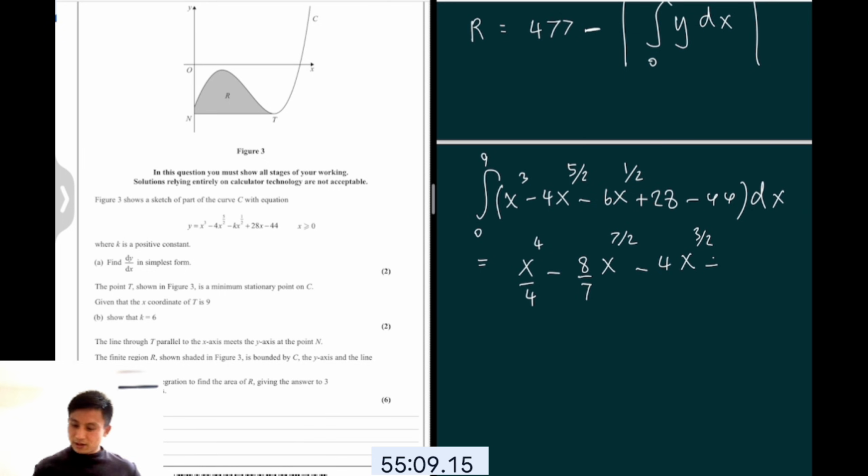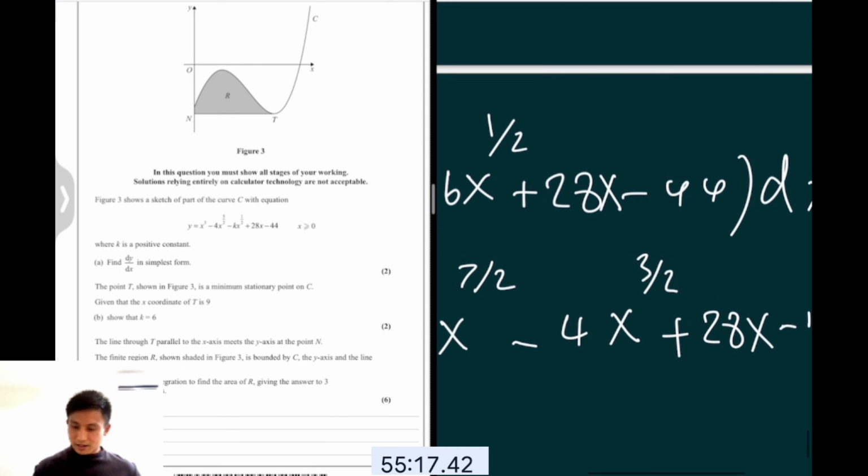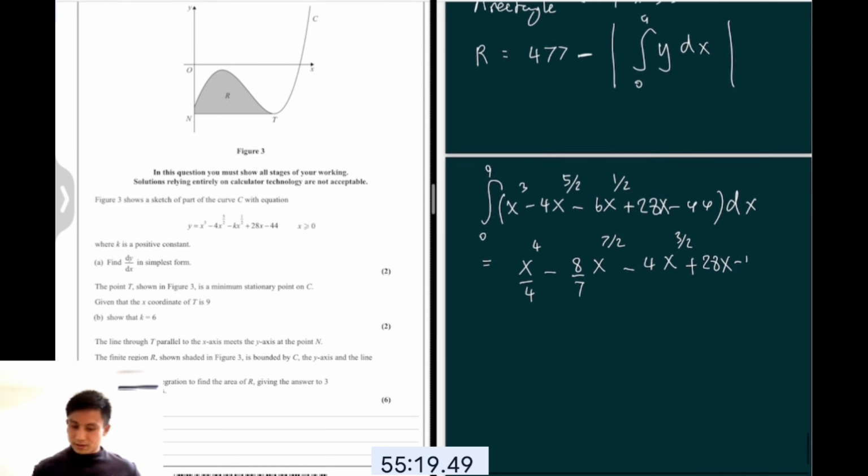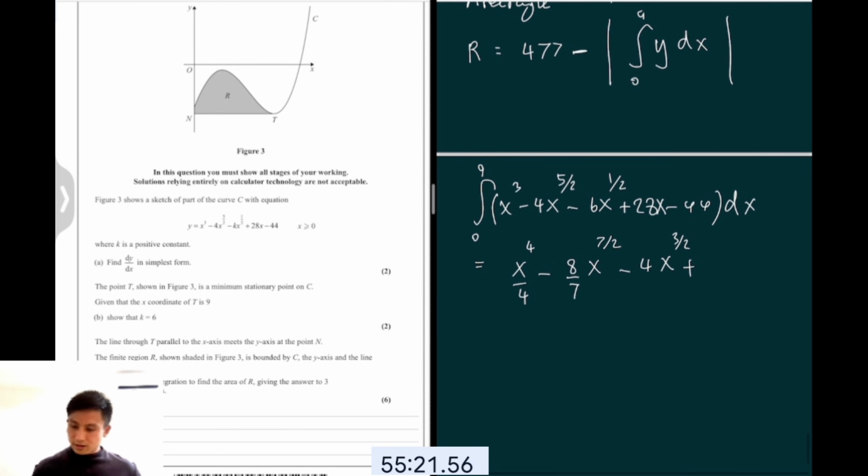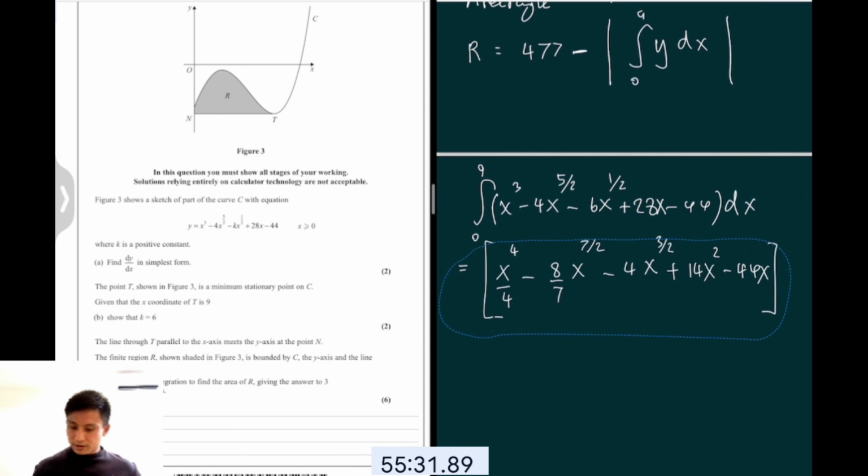Yeah, I'm just checking. Plus 28x minus, wait, what? I must be missing an x here. Okay. That would be 14x squared then, minus 44x. And then putting the limits from 0 to 9.